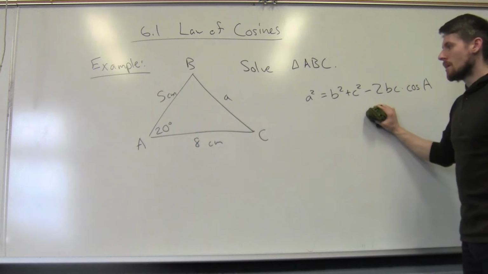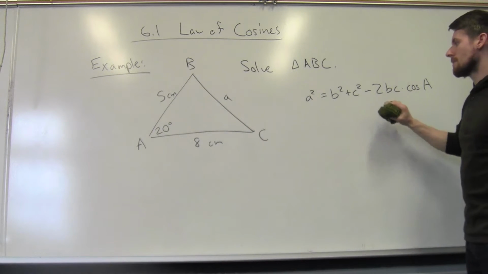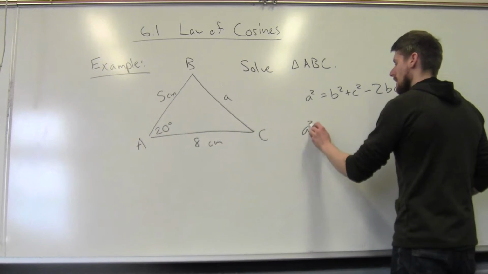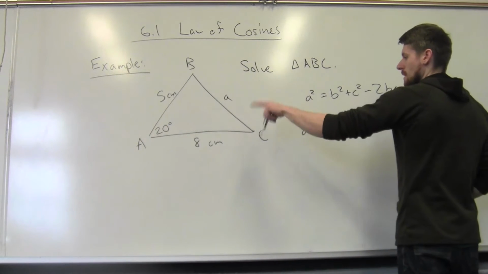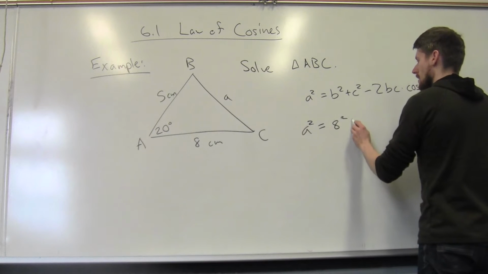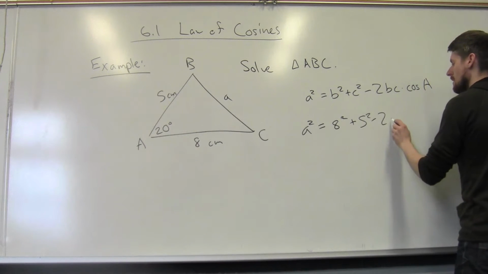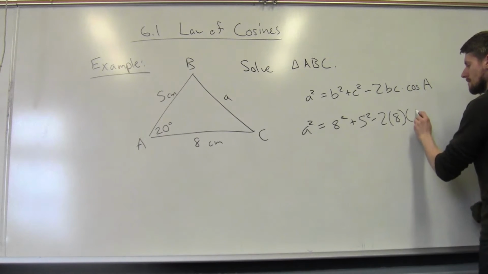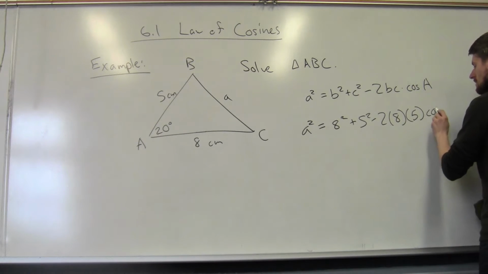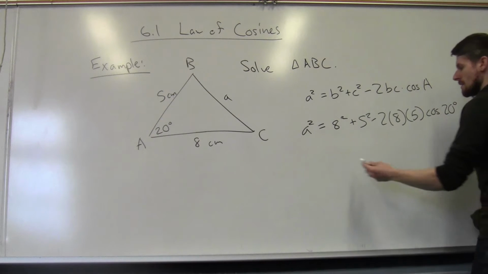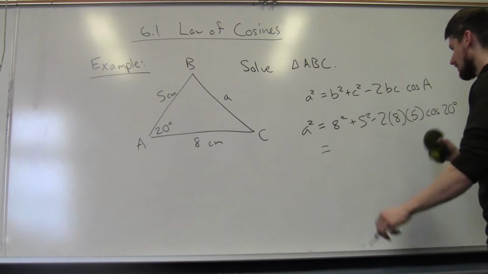So using the law of cosines, let's put in the things we know. We've got a squared equals 8 squared plus 5 squared minus 2 times 8 times 5 times the cosine of 20 degrees. From here we just calculate this all out.